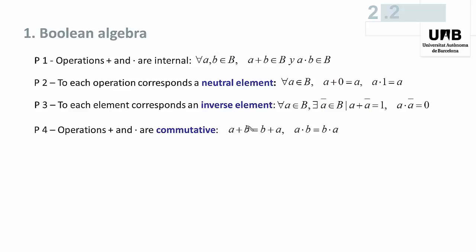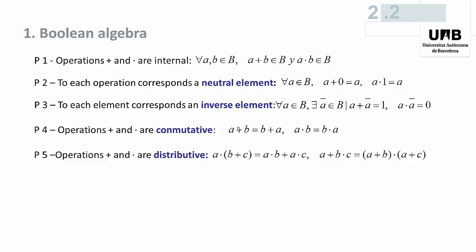Next rule, both operations are commutative. That is to say that A plus B is equal to B plus A and A times B is equal to B times A. And finally, rule number 5, both operations are distributive, not only as in the case of the real numbers, that is to say A times (B plus C) is the same as A times B plus A times C, but also in a symmetric way, the sum is distributive with respect to the product.